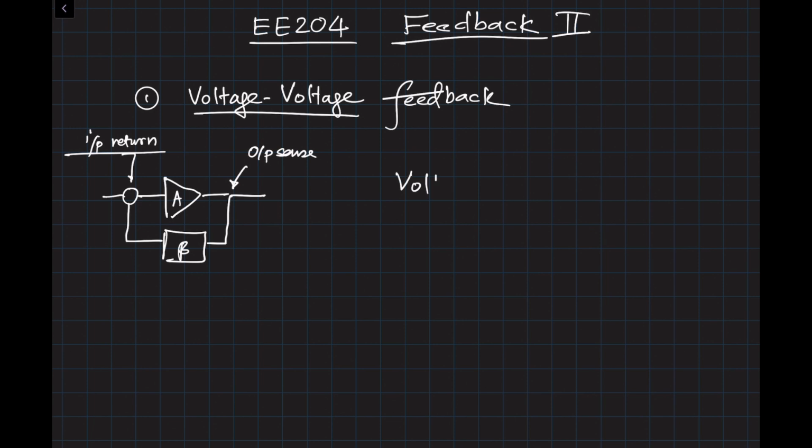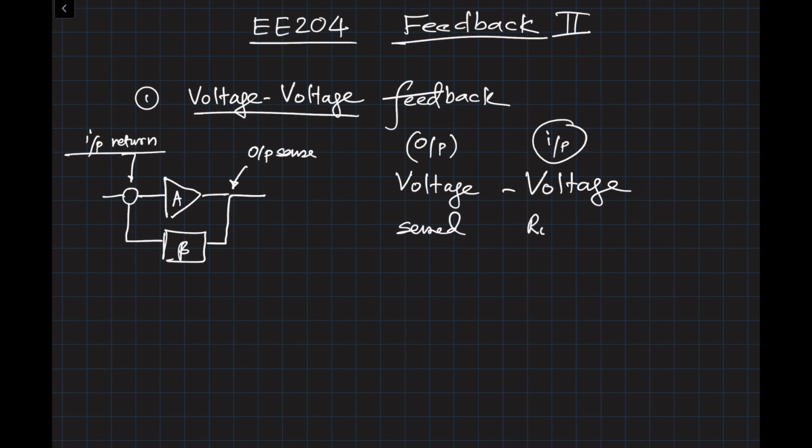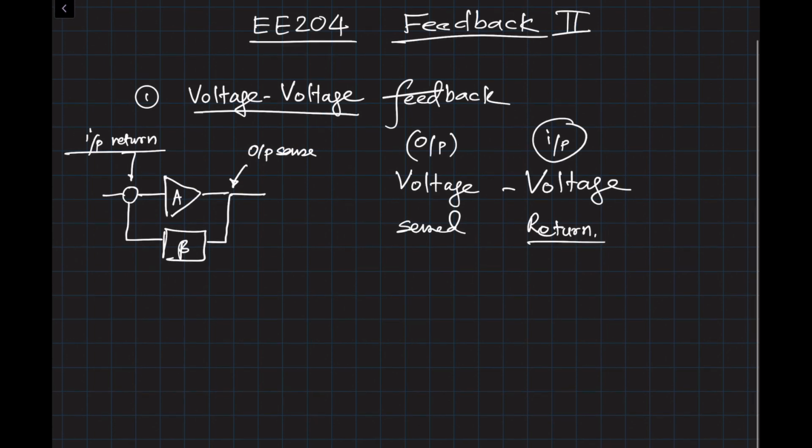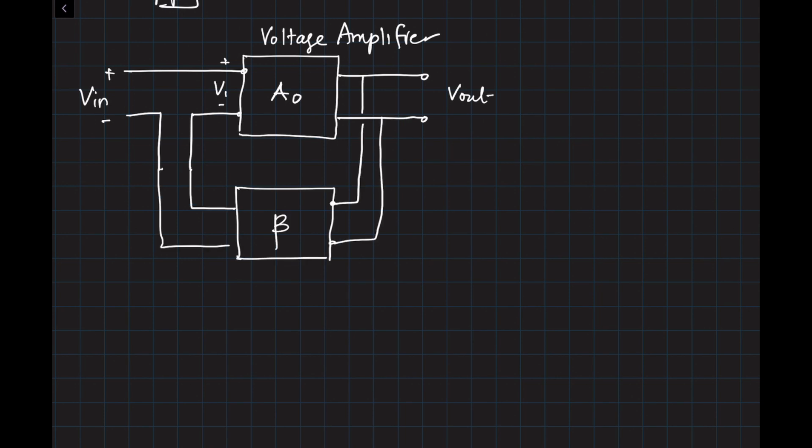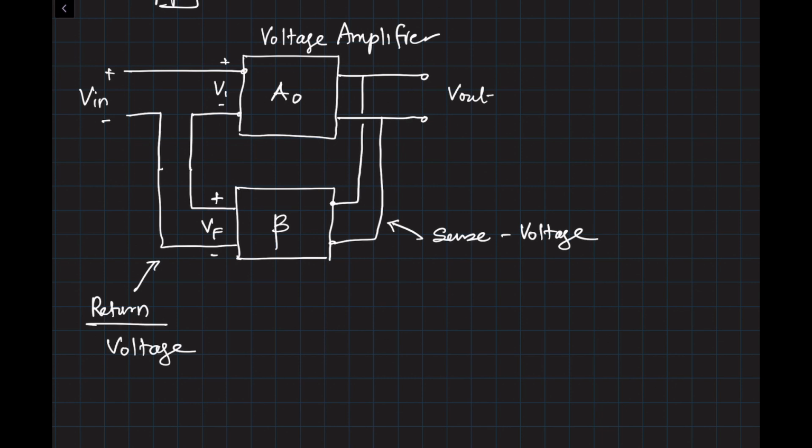So when I say voltage feedback, the first term means the output voltage is sensed, and at the input we are returning a voltage. It will become clear once I draw the block diagram. The block diagram looks like this. We have a voltage amplifier A0, which has Vi as input and Vout as output.